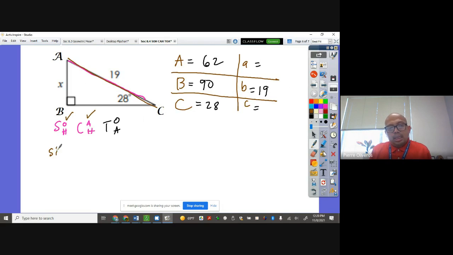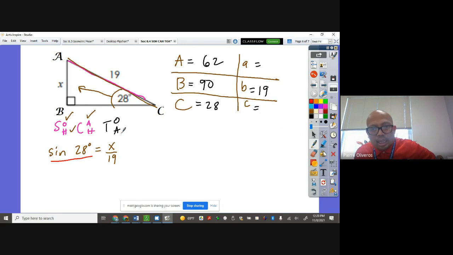Let's pick sine. Sine of 28 degrees, which is C, is equal to opposite. What's the opposite to angle 28? That's x over the hypotenuse, 19. We have to solve for x, which is your side c. This is over 1, so we cross multiply. 1 times x is just x, and then 19 times sine 28.